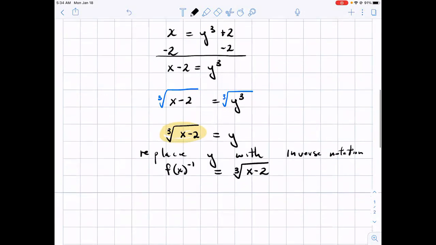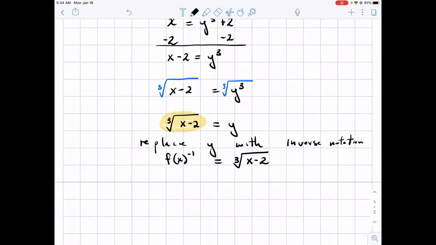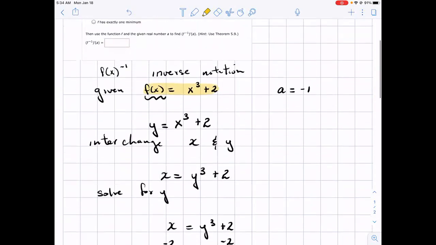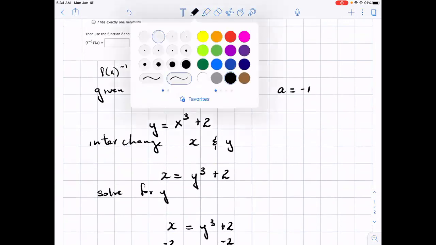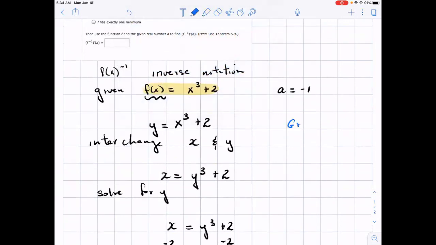Now, that's the inverse, right? If you had got a plus or minus here, then we'd have a problem where there's no inverse. So if you go back to your example and look at the graph of f of x, let's do that.